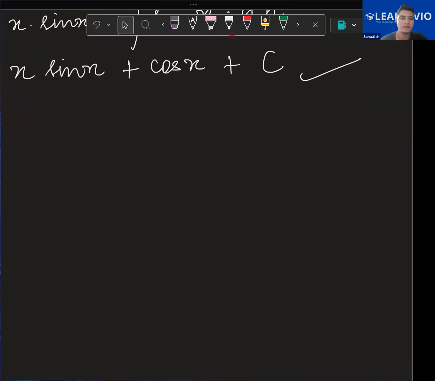Now it's your turn. Log x का तो आसान होता है. चलो इसका करो. No, try log x. The question is integration of log x dx.